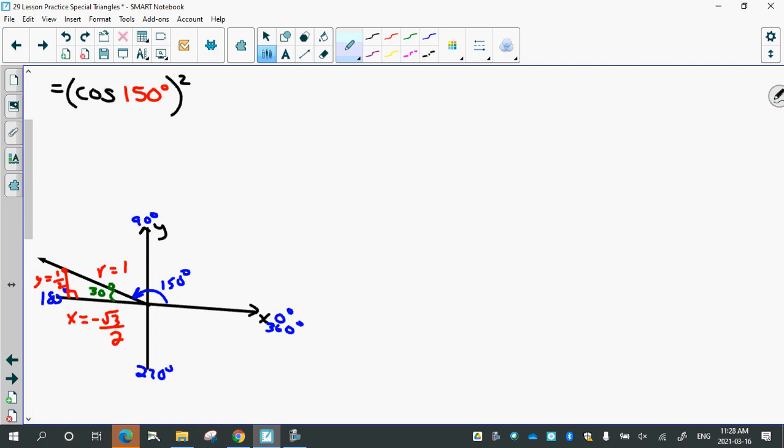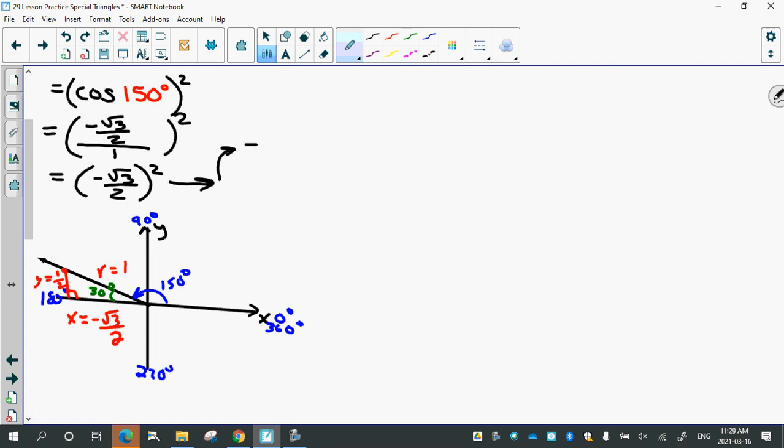Now I want the cosine squared. So first of all, I need the cosine. Cosine is x over r, so negative root 3 over 2 over 1. Dividing by 1 doesn't affect anything, so it's negative root 3 over 2, squared. Then you go back to fractions with an exponent, so you can apply the exponent to the numerator and to the denominator.